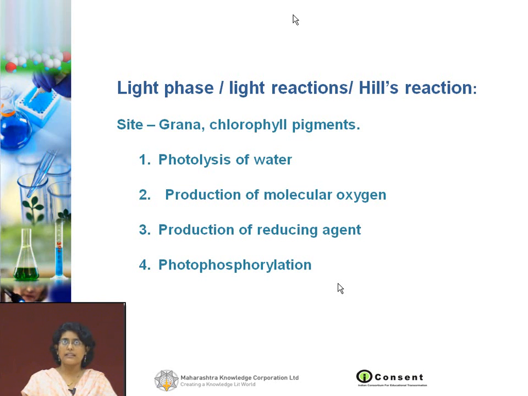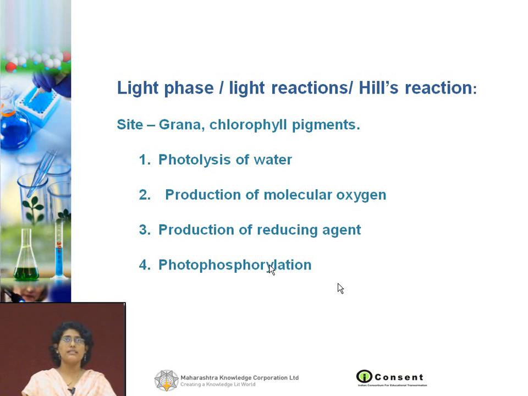We have said that in light reactions ATP molecules, that is energy rich molecules, are produced, and the process of production of these ATP molecules from ADP molecules in the presence of light is called photophosphorylation. Addition of phosphate group to ADP in the presence of light to produce ATP.